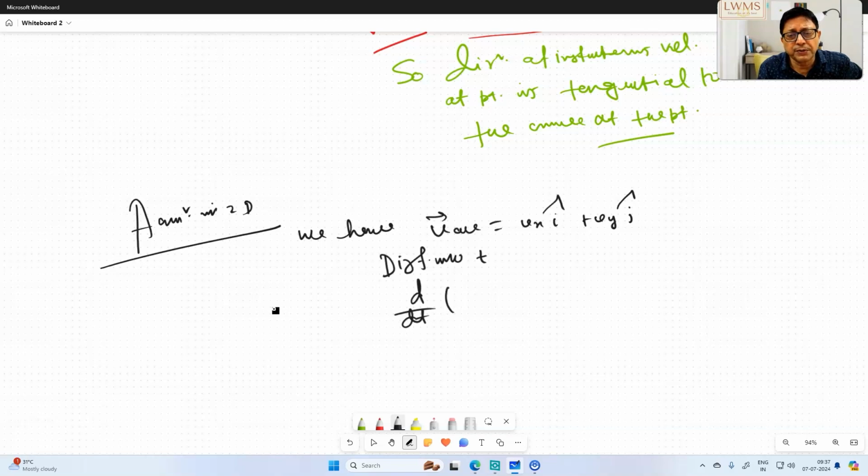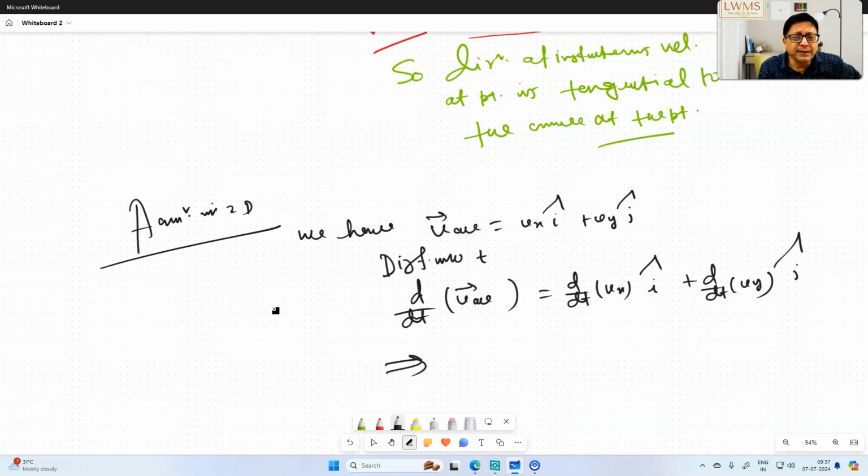So d by dt of V average will be d by dt of Vx i cap plus d by dt of Vy j cap. Clear? So this derivative of V average with respect to t is going to be the average acceleration, A average. This will be A average along the x-axis. Similarly, A average along the y-axis. This symbol stands for average. A y bar means it is average along the y-axis, into j cap.